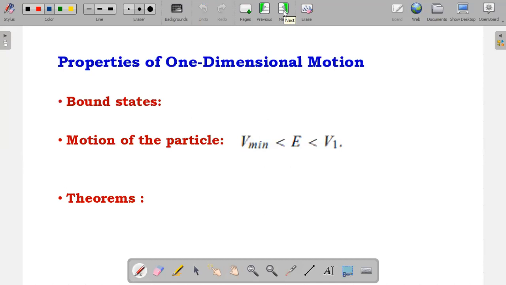In the case of a bound state, we can write the properties of one-dimensional motion of the particle. Bound states generally occur whenever the particle cannot move to infinity.